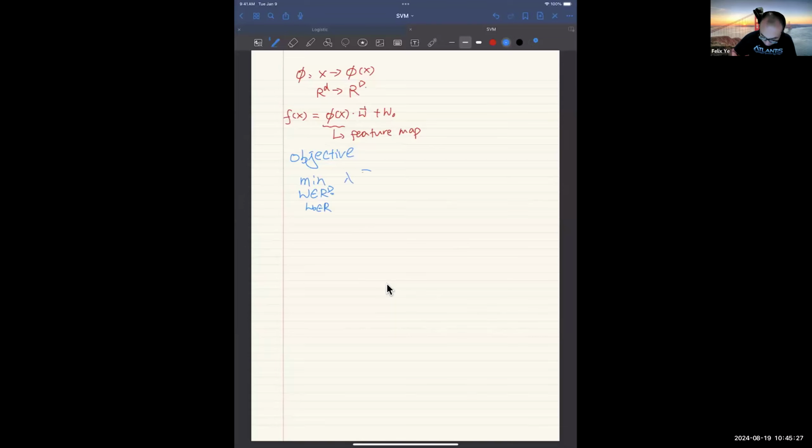So it will be lambda times the summation from i equals 1 to n of the maximum of 0 and 1 minus y_i f(x_i), plus 1 over 2 norm of w squared. So this will be an objective or loss function.